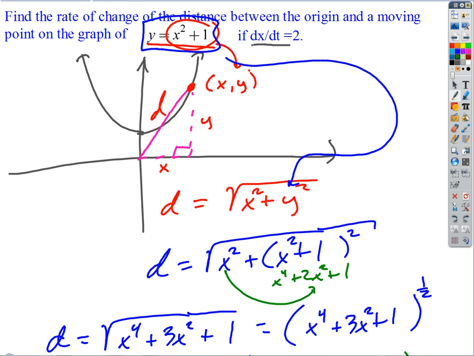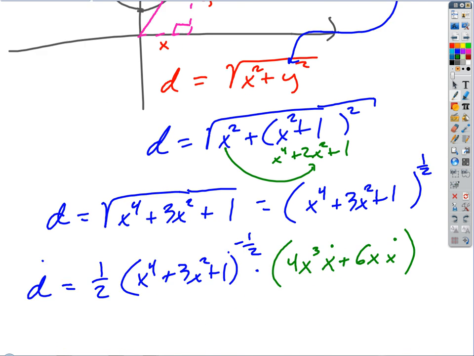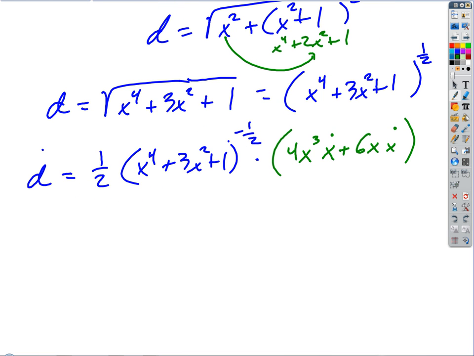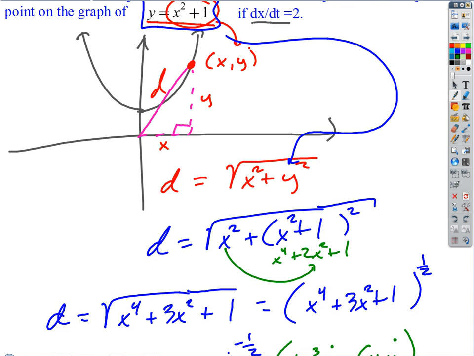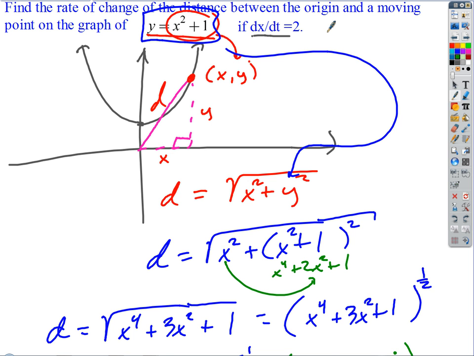You can always guess. So our answer is going to look like this: I can make the x dots into 2's, that's all we know, but the x's are still going to be stuck in there.